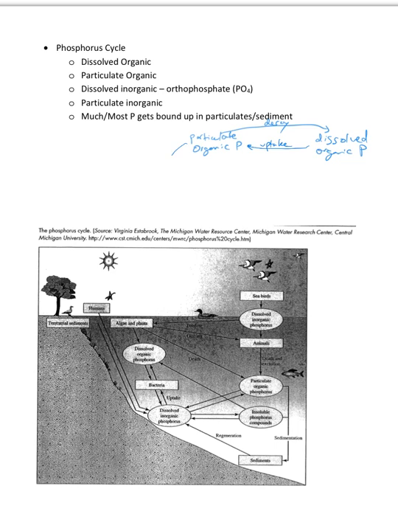Also, when these things decay, they can form dissolved inorganic phosphorus. And inorganic phosphorus is typically in the form of orthophosphate, this PO4 molecule. This can then be taken up by plants and form particulate organic phosphorus.